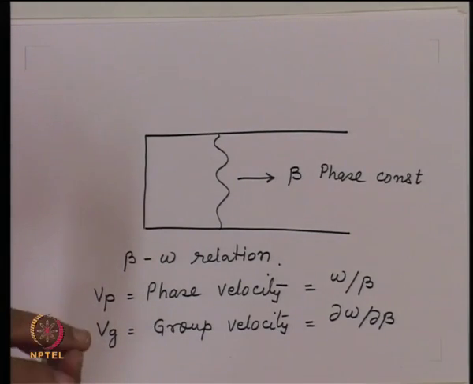So, inside the optical fiber, since we are interested in sending light in the form of pulses, we are interested in this velocity, what is called the group velocity.